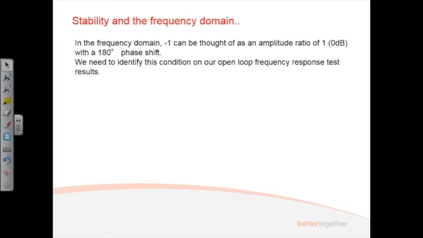The minus sign shows up on the phase plot as being minus 180 degrees. If you take a sinusoid and add 180 degrees to it, it's the same as flipping it over negatively. Okay, so our -1 point is an amplitude ratio of 1, which is 0 decibels, with 180 degrees of phase shift.